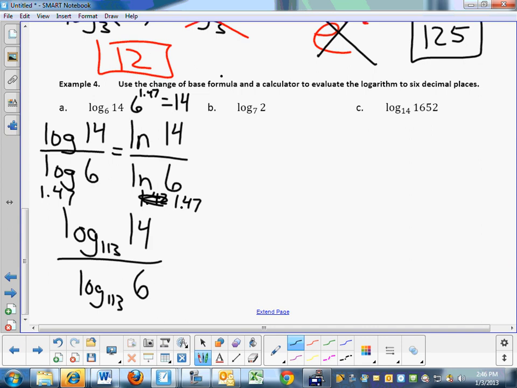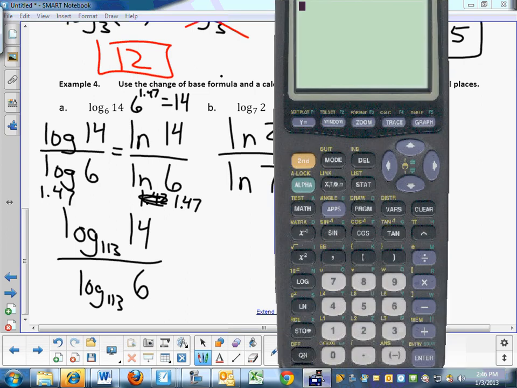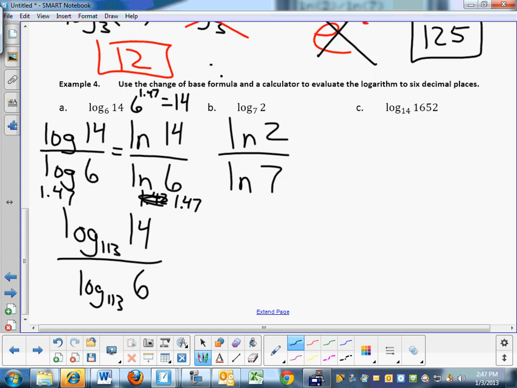Same thing here. If you want to evaluate log base 7 of 2, you don't have base 7 on your calculator. So you change it. I'm going to do natural log of 2 divided by natural log of 7. 0.356. Now again, what that means is 7 to the 0.356 power is equal to 2.